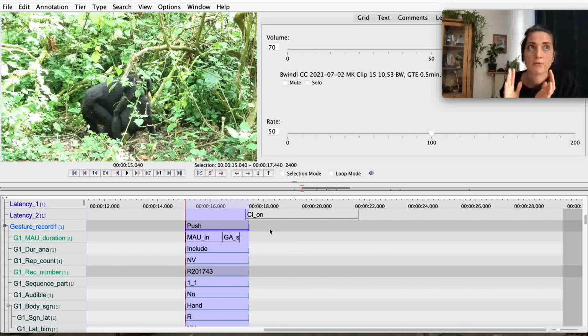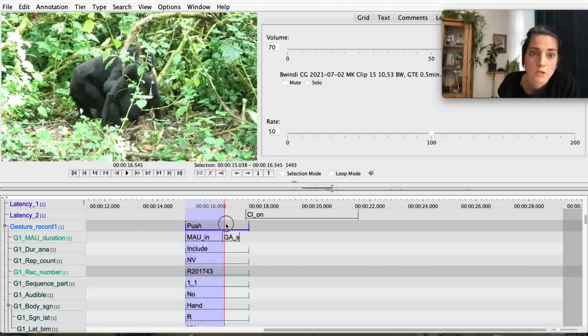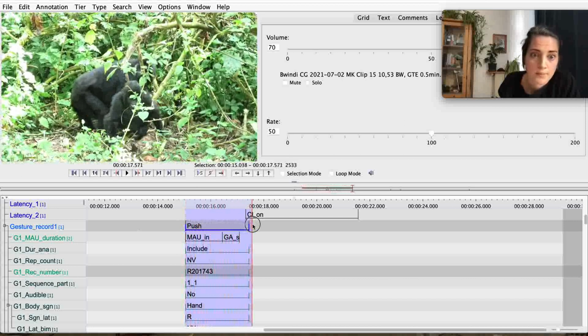So we have the action as the basic gesture record, and then lots of modifiers that are coded per gesture record that are describing the gesture in more detail. So this is the big annotation, and these are all child tiers. And this annotation is the gesture from the very start to the very end.